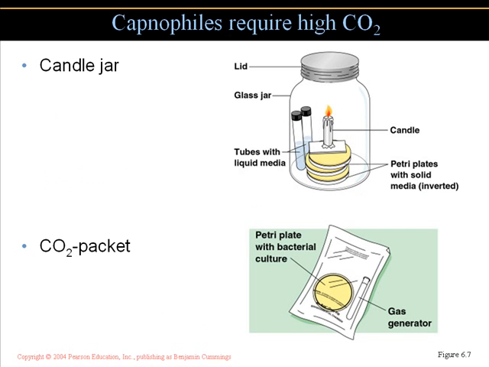The candle jar: you see a lid, and the Petri dishes stacked inside. If you look very closely, the agar is on what appears to be the lid portion of this Petri dish.